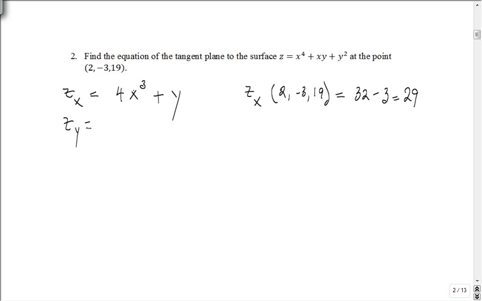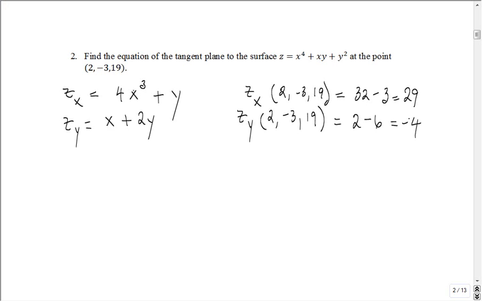Can somebody else give me that, please? Good. x plus 2y. Find this partial at the point, 2 for x and negative 3 for y. 2 minus 6 is minus 4. And as I told you, we already have the value 19, right?